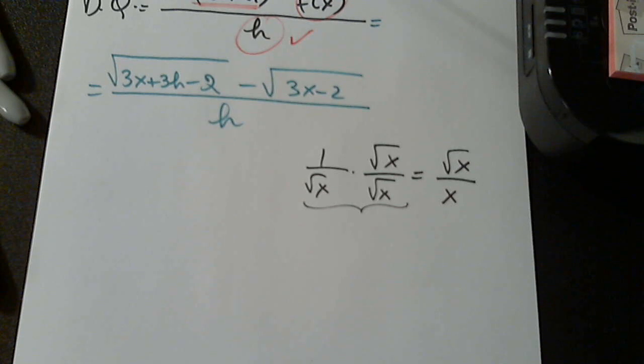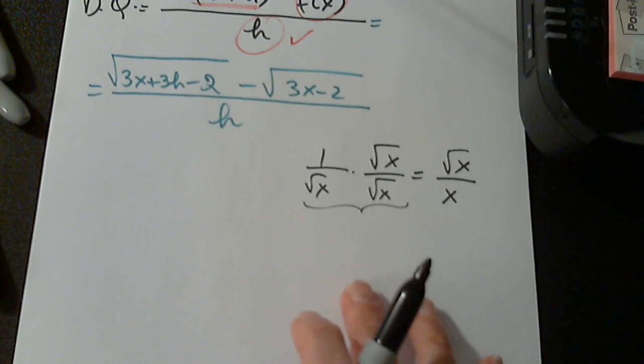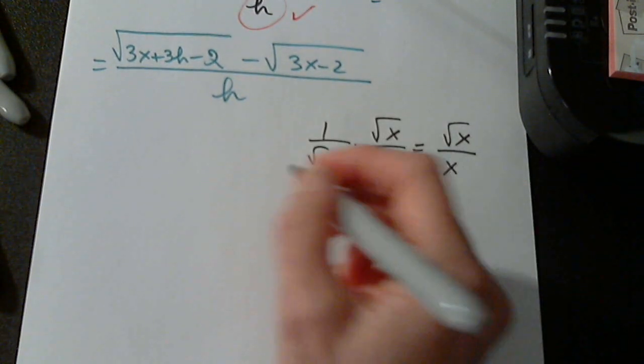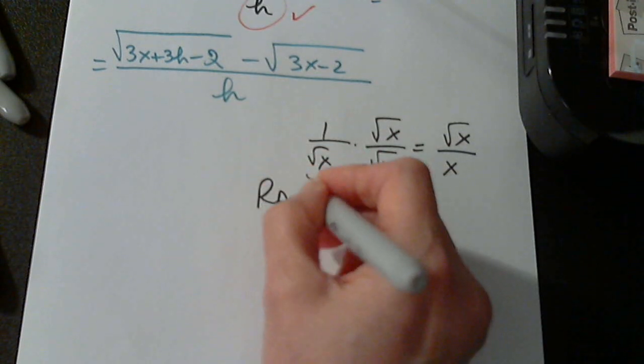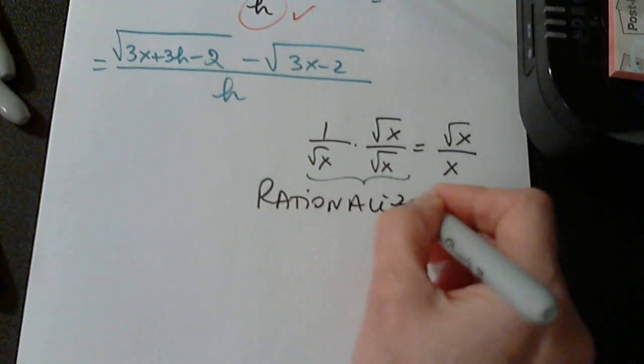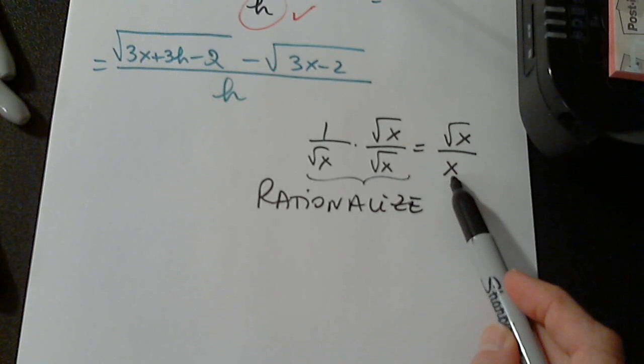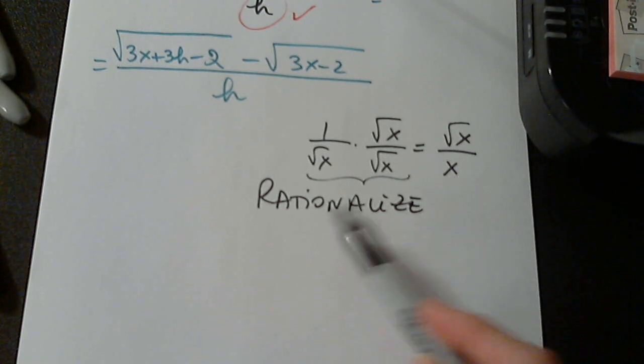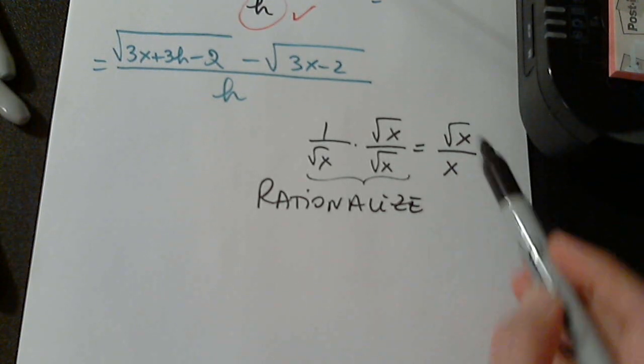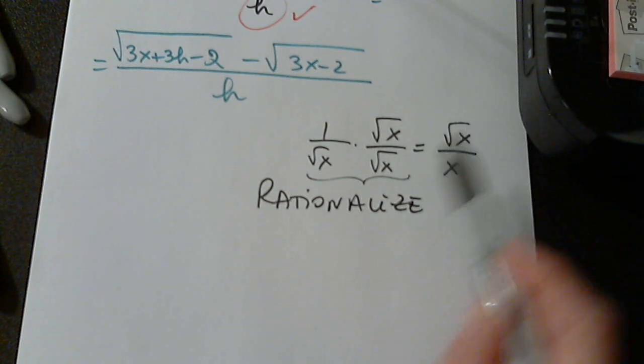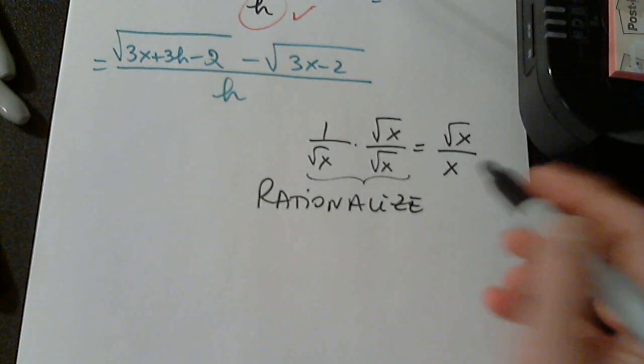Multiplying by the reciprocal? Well, yeah, that's okay. So we want to rationalize. We want to make the denominator free of radicals. We wanted it to be rational, not irrational. So we want to rationalize, in this case, the denominator.